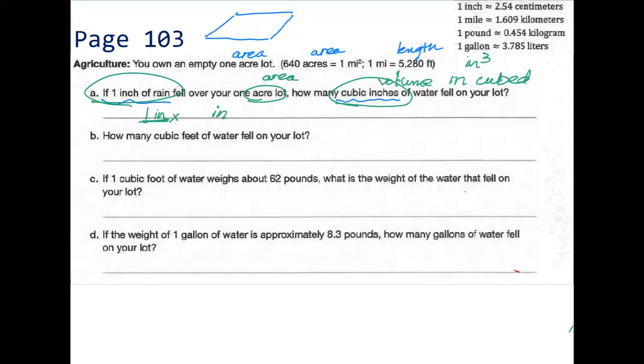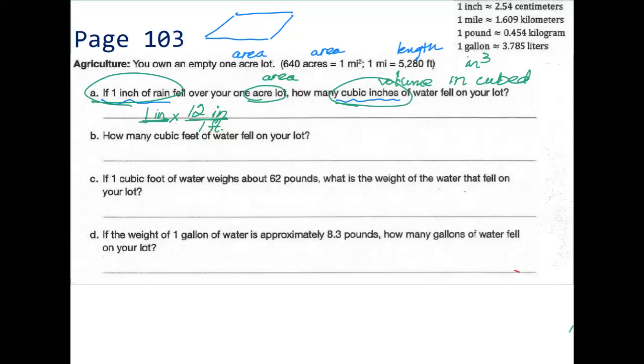What's an equivalent conversion of inches into the next largest measure of length? Like how many inches equals how many of something of the next bigger length? 12 inches is equal to 1 foot. So we're going to put 12 inches is equivalent to 1 foot.